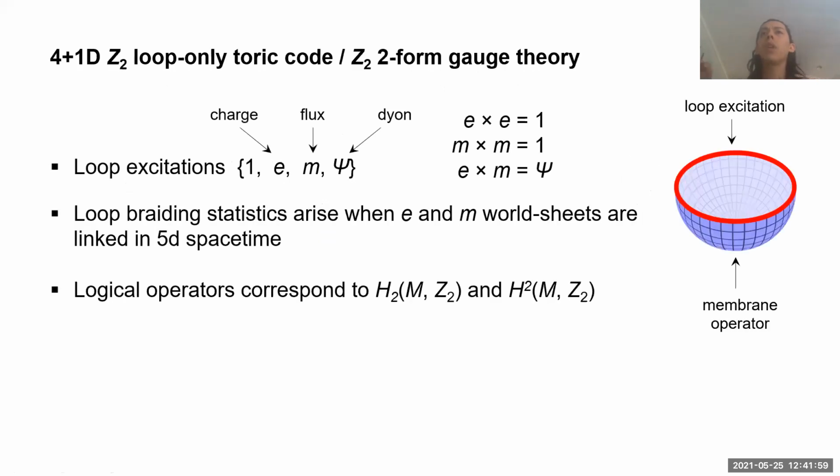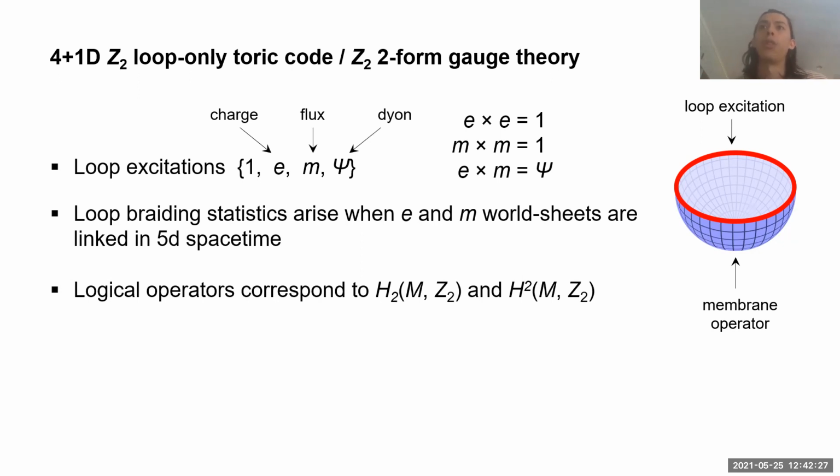So the 4D loop-only toric code, in comparison, can be regarded as a Z2 two-form gauge theory. What a two-form gauge field implies is that the gauge charge excitations are loop-like excitations.